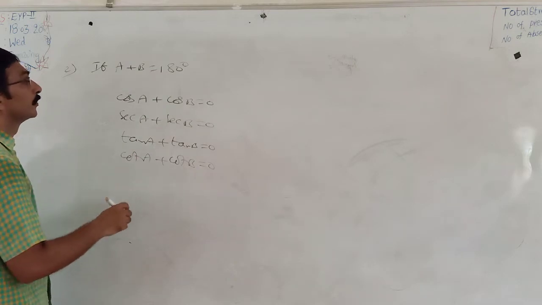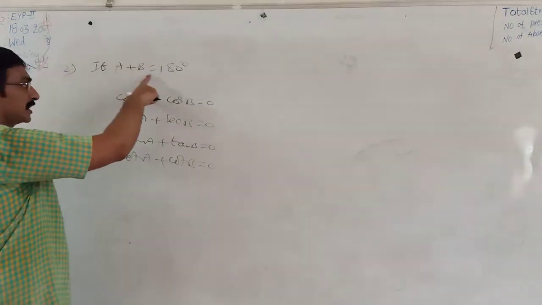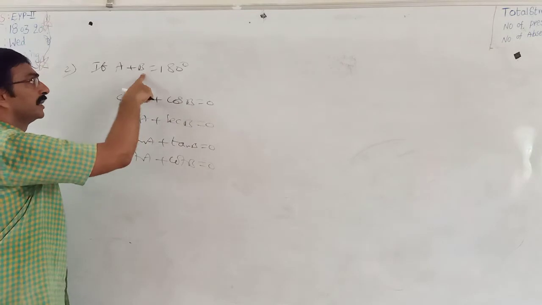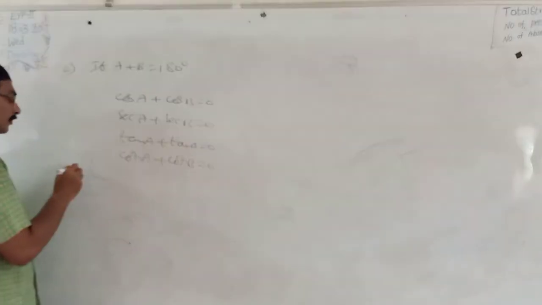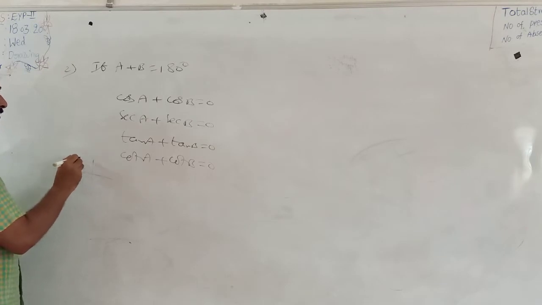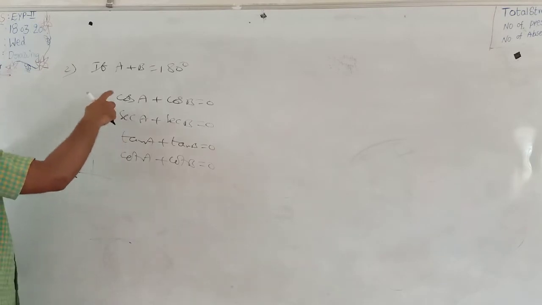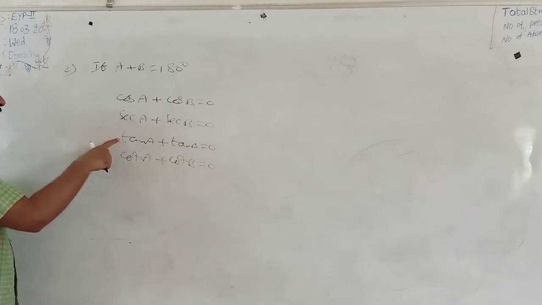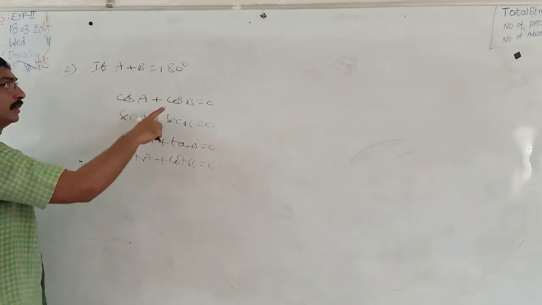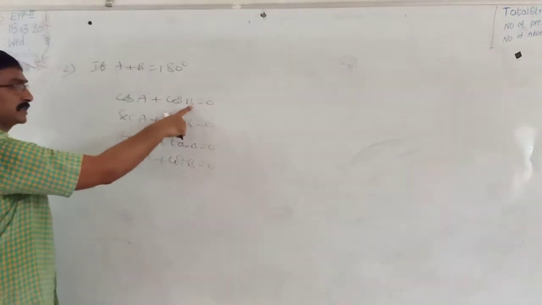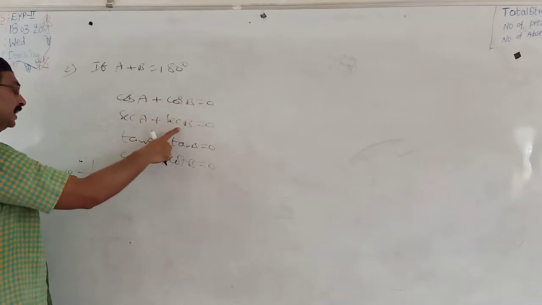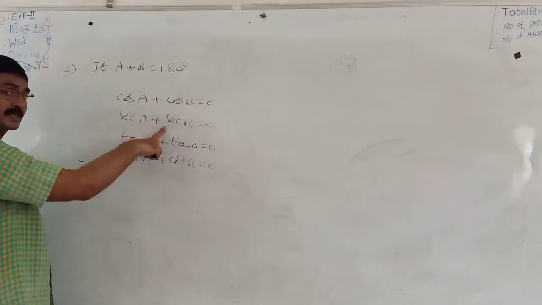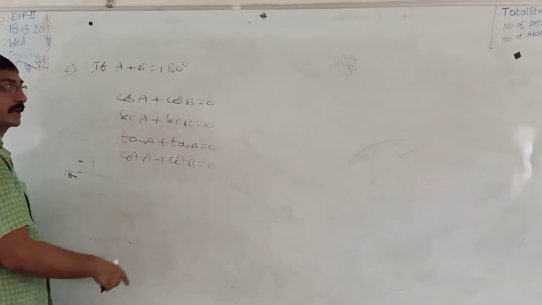See the proof. If a plus b is 180 degrees, then b is 180 minus a, which means the second quadrant. In the second quadrant, cos, secant, tan, and cot are negative. So cos of 180 minus a is minus cos a, and cos a and minus cos a cancel. Secant of 180 minus a is minus secant a, so secant a cancels.